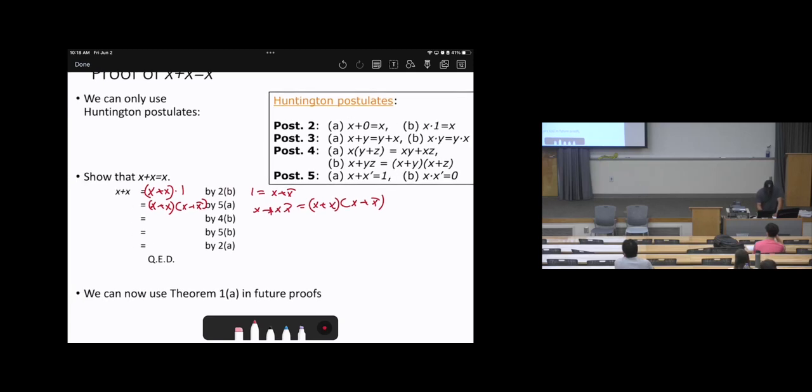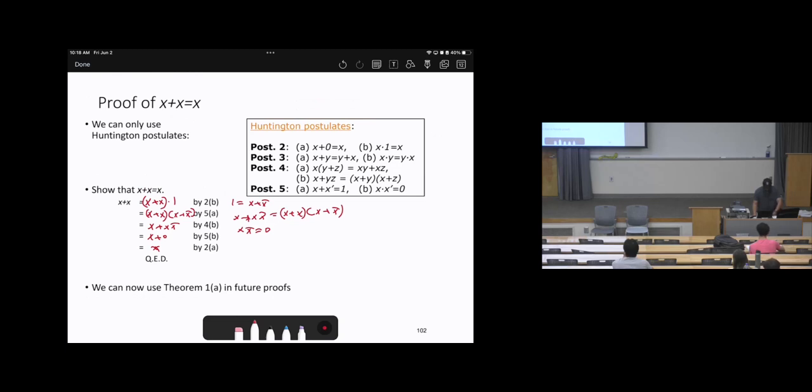Then we can substitute it here. It will be x plus x times x bar. And we know that x times x bar is actually 0. Then it will be x plus 0, therefore it will be x. This is one way of proving these theorems.